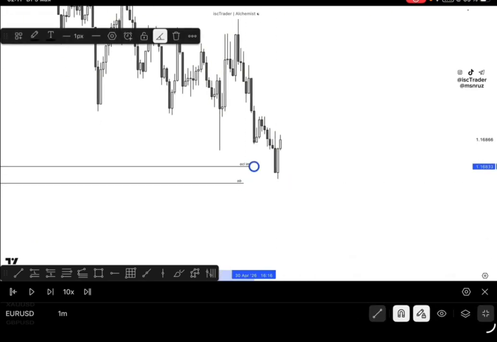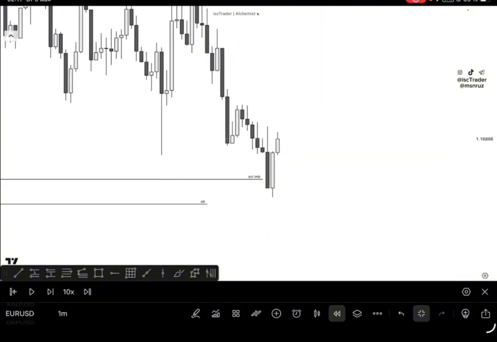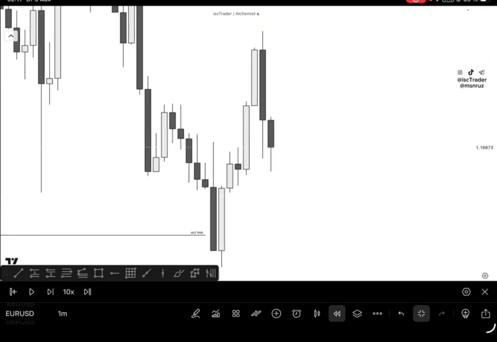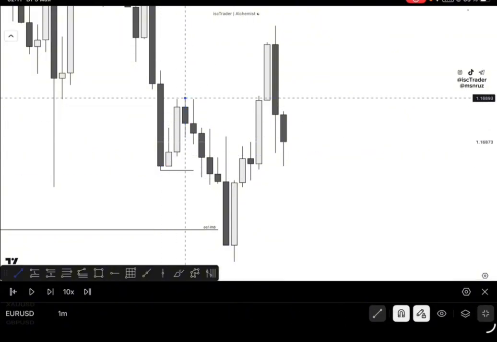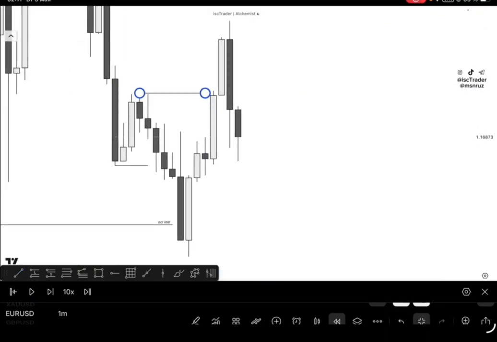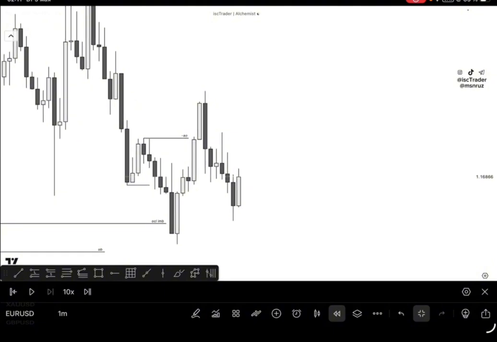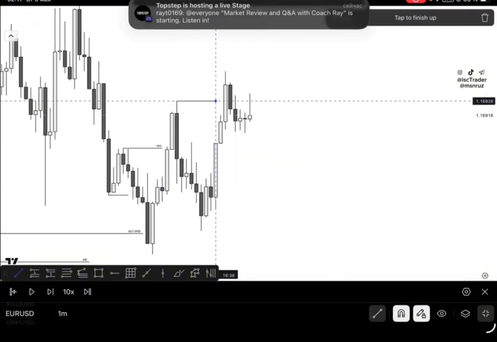The market has come into our zone, and we need to get confirmation. As you know, our confirmation must only be on the M1 time frame. All right. Liquidity sweep, breakout. Breakout. Second breakout.